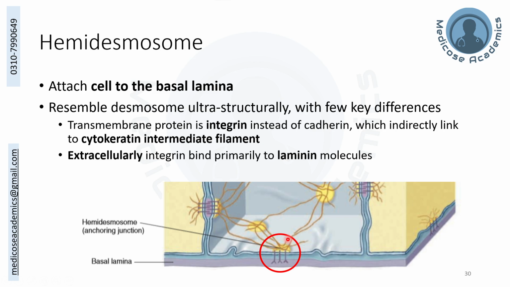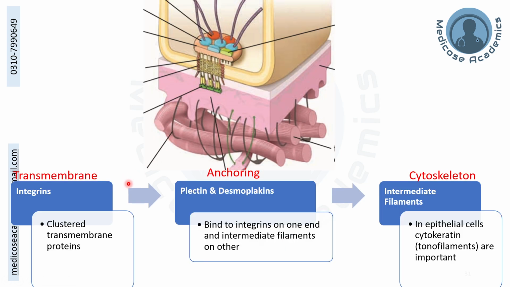Let me show you in the next picture. The transmembrane component here is the integrins. This is different from desmosomes, where there were cadherins, desmoglein and desmocollins. Intracellularly, there is again an anchoring plaque made up of different proteins.